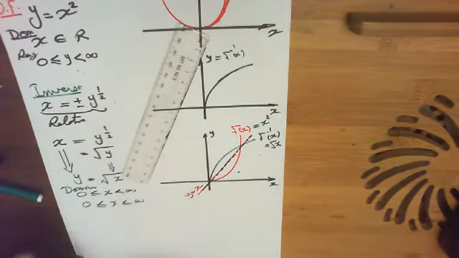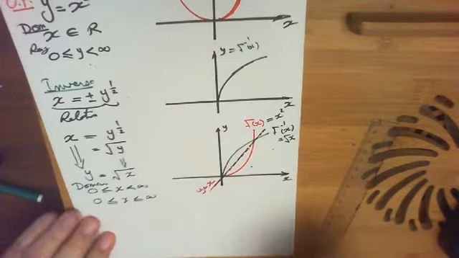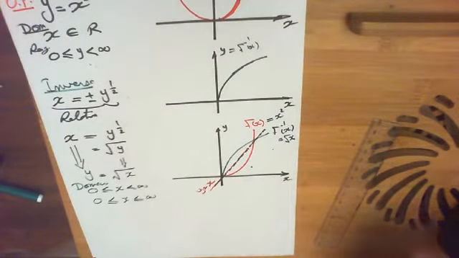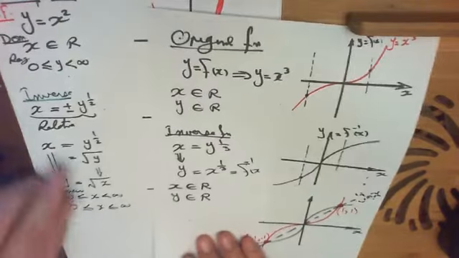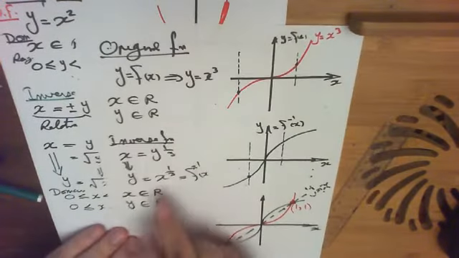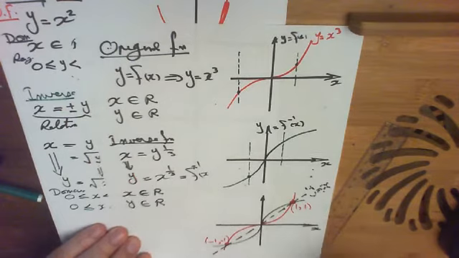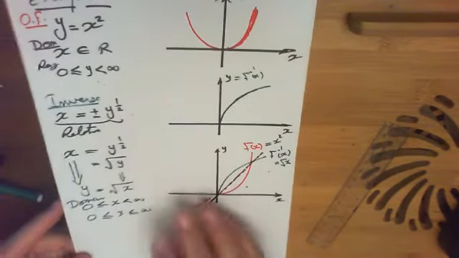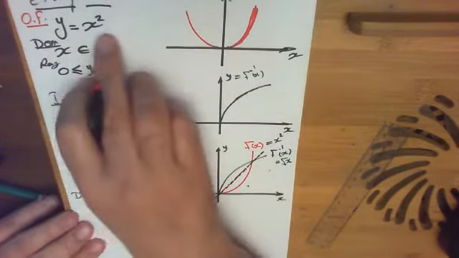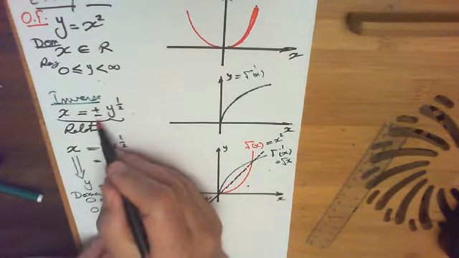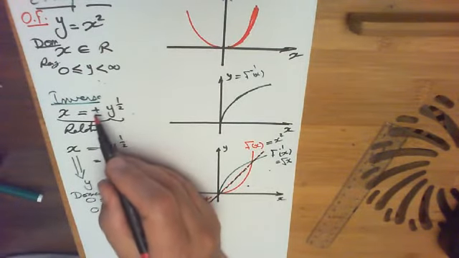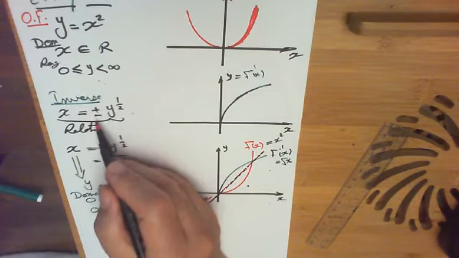Okay? But we have to discuss something here. In the first example, we don't have the problem of plus or minus. The function and its inverse were directly single valued, as they must be. But when we try to obtain the inverse of y equals x squared, we have a multi-valued relation, not a function.